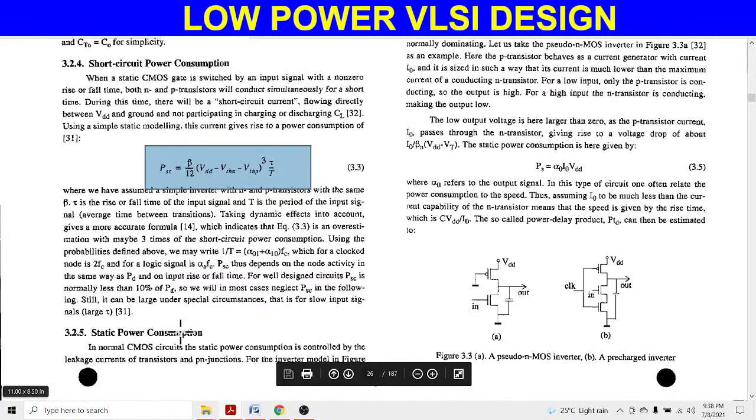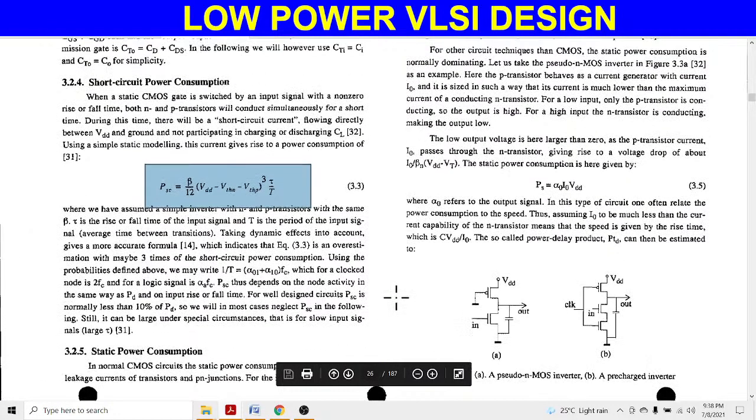Because of this leakage current some power is consumed, and this power consumption is known as static power consumption.